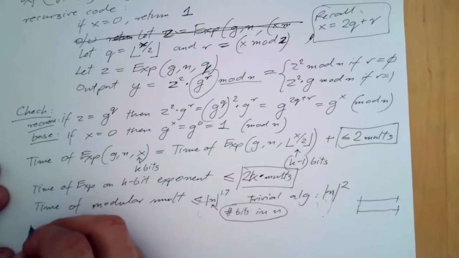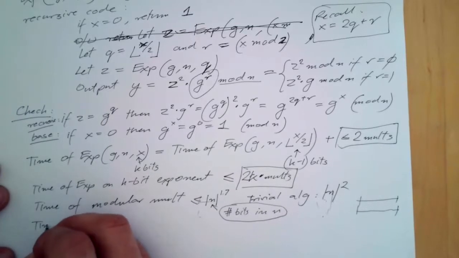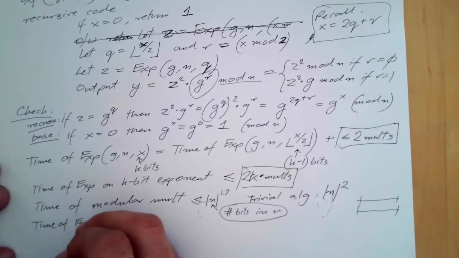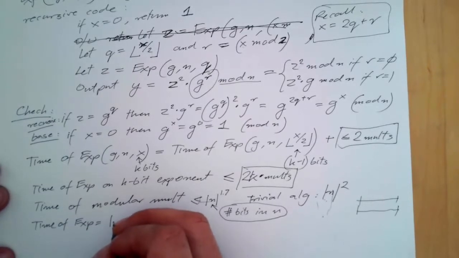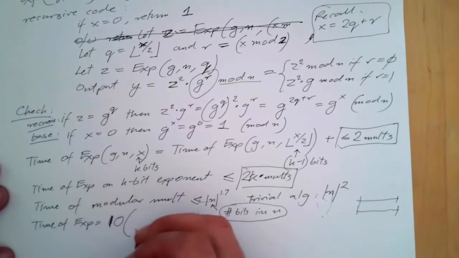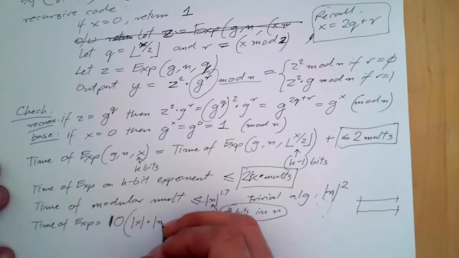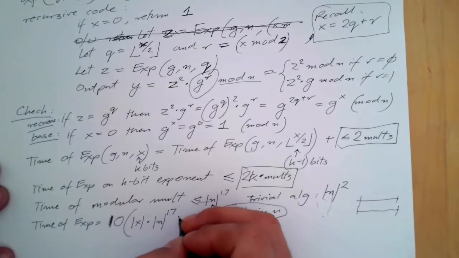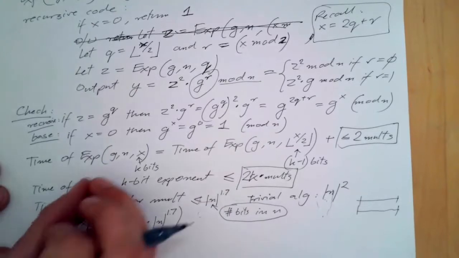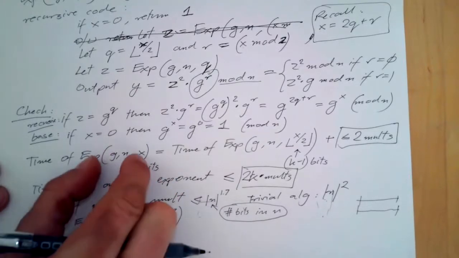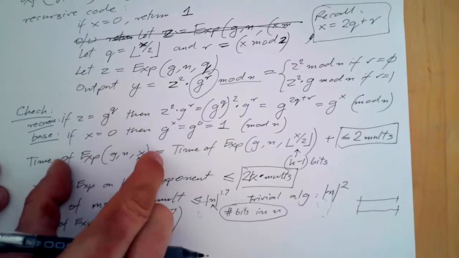So the end result is that the time of exponentiation is on the order of the length of the exponent times the length of the modulus to the 1.7. These numbers are very large, so think of them as 1,000 bits, 2,000 bits.